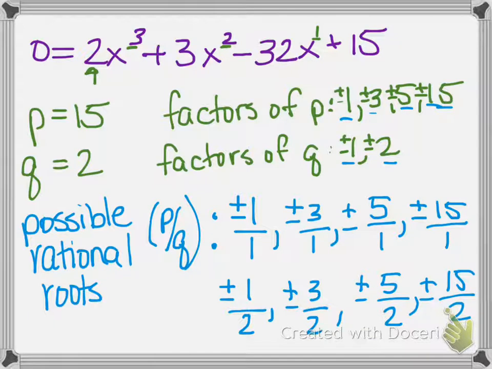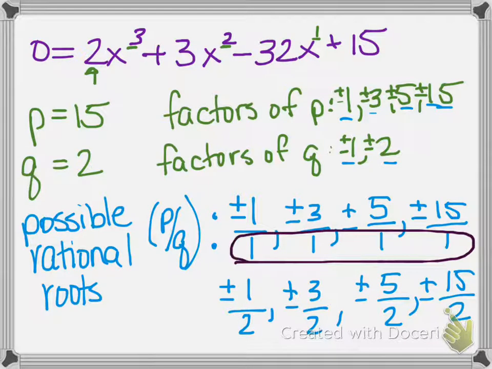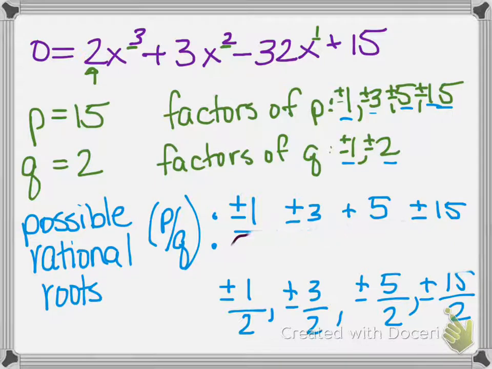And you can go back and simplify these. Obviously, everything here that's divisible by 1, there's really no reason to write the divisible by 1. So every single one, we really just have positive or negative 1, positive or negative 3, positive or negative 5, and positive or negative 15.